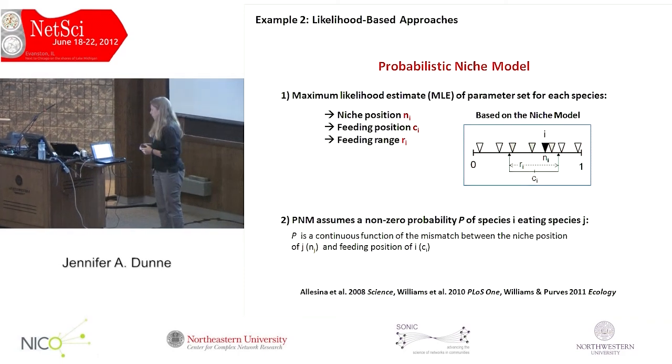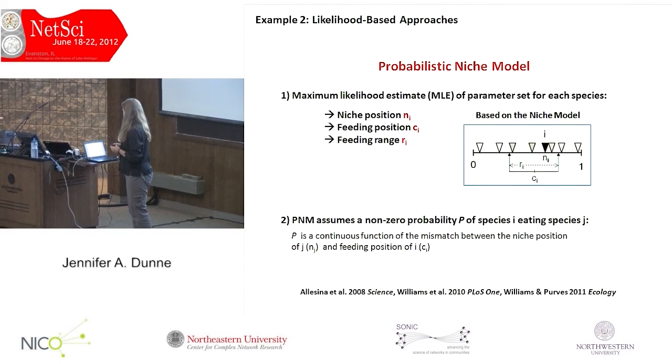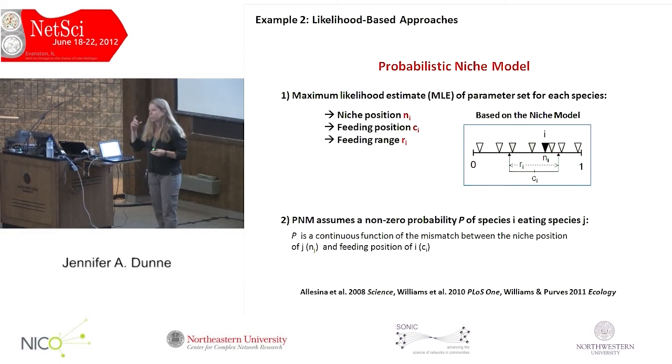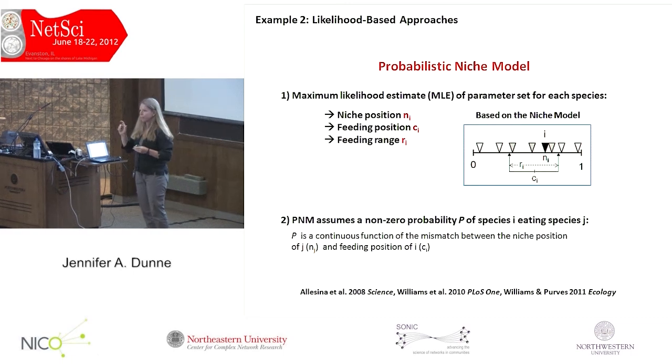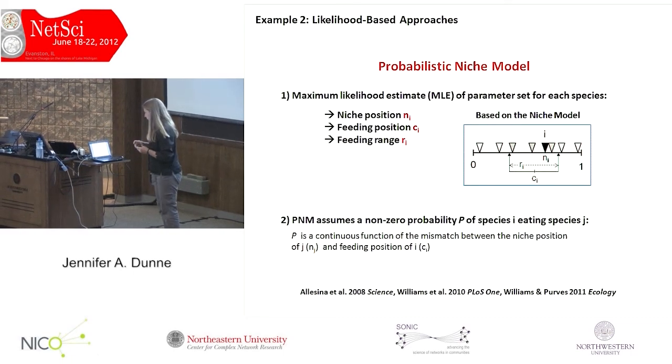It's a very data-driven approach, using the data to come up with a maximum likelihood estimate of the parameter set for each species. Since it's based on the niche model, it looks at the niche position, the feeding position, and the feeding range for each species in the network.